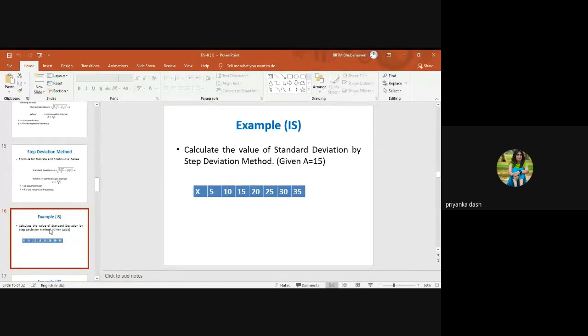We have the formula: sigma equals square root of sum of d square divided by n minus sum of d divided by n whole square, into I. Here, I repeat, a is given 15. In case of x variable, we have 5, 10, 15, 20, 25, 30 and 35.